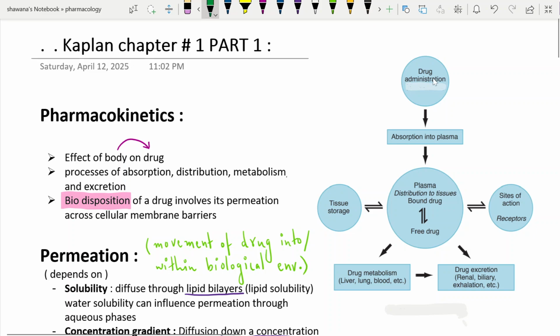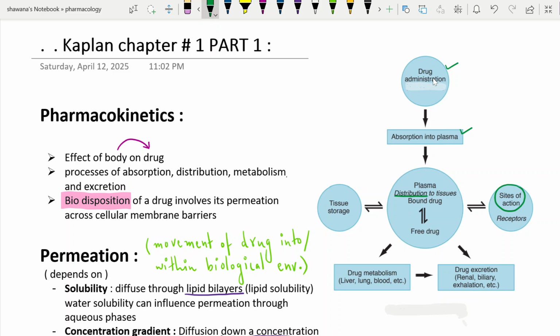The drug is administered, it can be intravascular, intravenous, or intramuscular, and when it is administered, it is absorbed into the plasma, and from the plasma, the distribution of the drug occurs. It can be either to the tissue storage or to the site of action. And the site of action is basically pharmacodynamics.